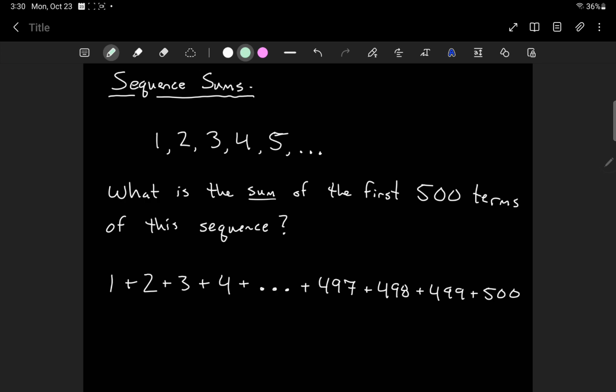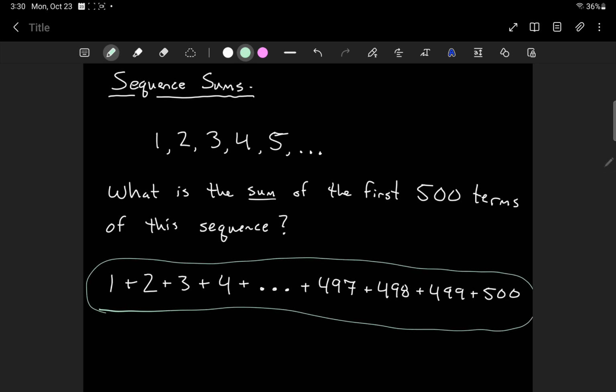But this is kind of a story that goes around the internet, where who did it changes every time. So the story goes something like this: a teacher is trying to give their students busy work. And so they say, okay, add up all the numbers between 1 and 500.